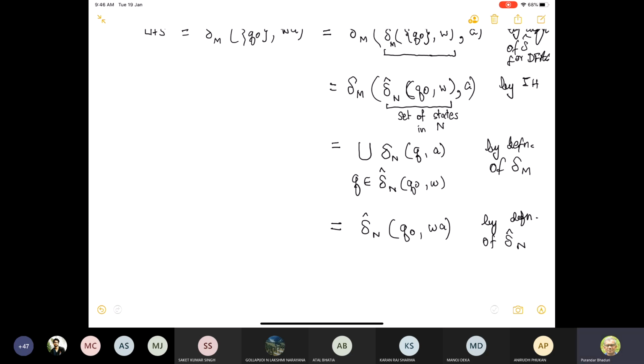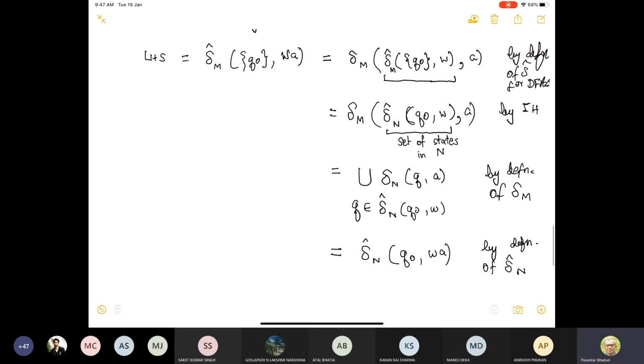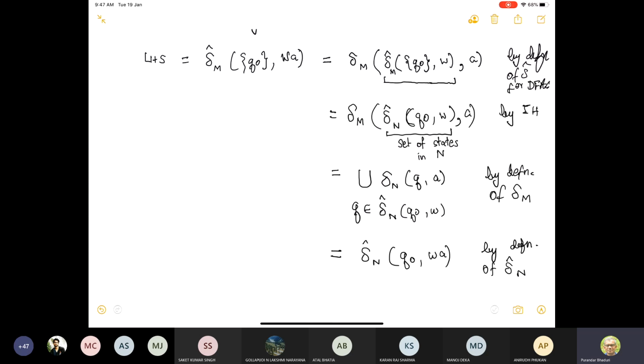If you want to see that, I have to scroll up and do all that, but you can do it. If you just try to recall how we define delta hat for strings, it was an inductive definition, right? First for the empty string epsilon, and then for any string WA, right? And this is exactly the way we did it. So that's it. This is the right-hand side.